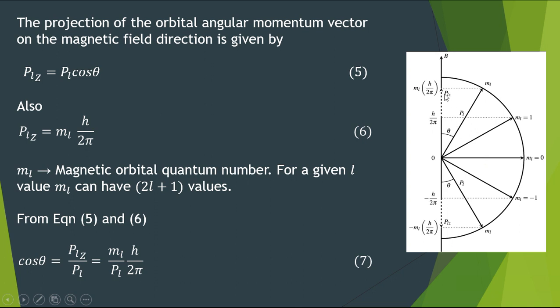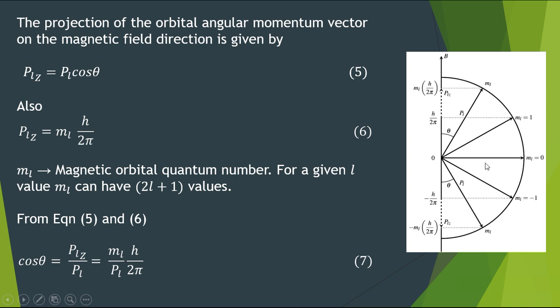Now, the component of this orbital angular momentum vector in the direction of the magnetic field is PL cos theta, which is also equal to PLZ. Therefore, PLZ is equal to PL cos theta.